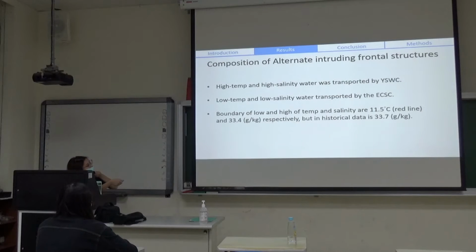And as we talked about previously, the Yellow Sea Warm Current and the East China Sea Current will converge in the northern East China Sea to form the frontal structure, and it can be found in the lower depths as well.